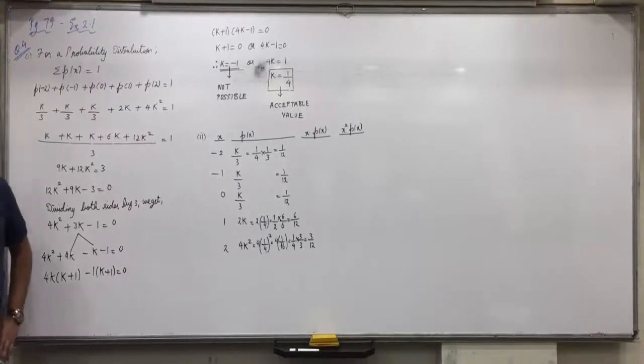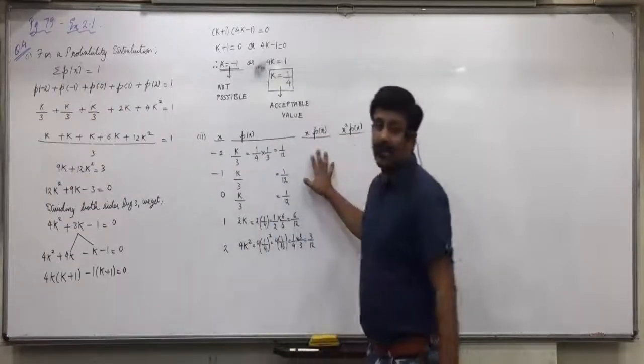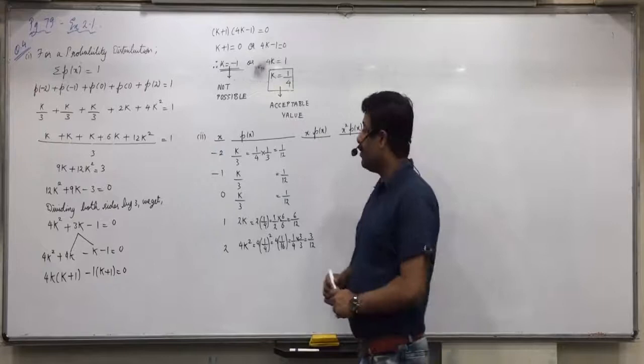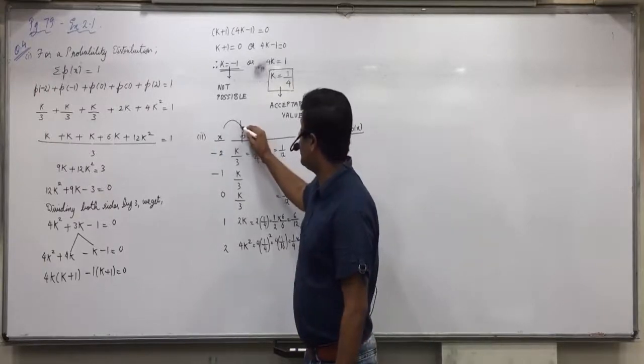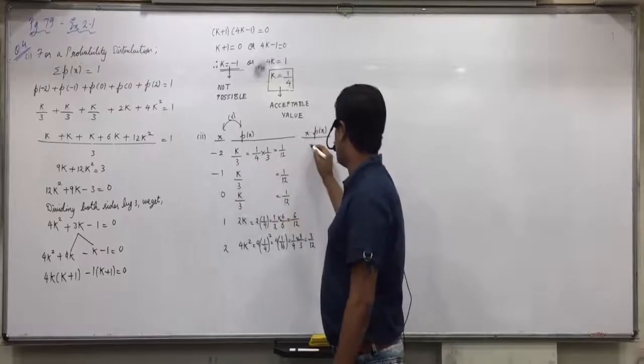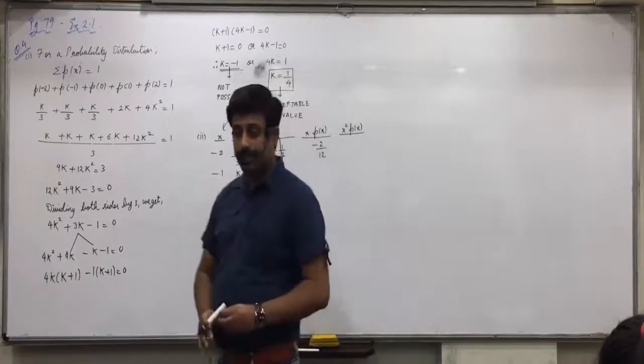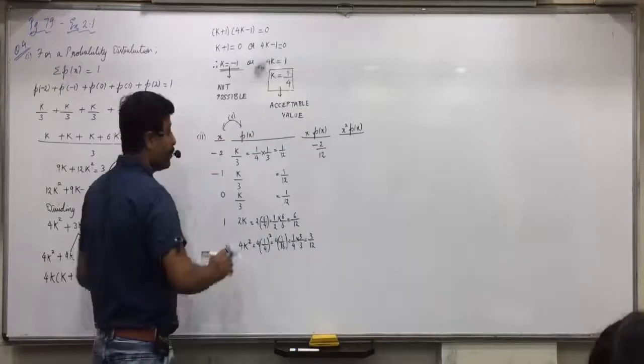Now, listen everyone. Now we require x into p(x) for finding the variance. Means these two are to be multiplied. Minus 2 into 1 by 12, minus 2 by 12. Are you able to understand this?